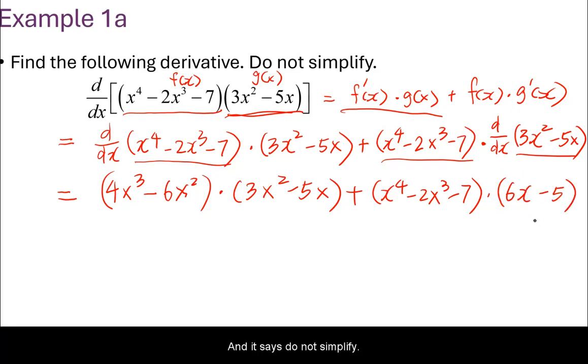It says do not simplify, so I will just leave my answer like this. That is the derivative of the original function.